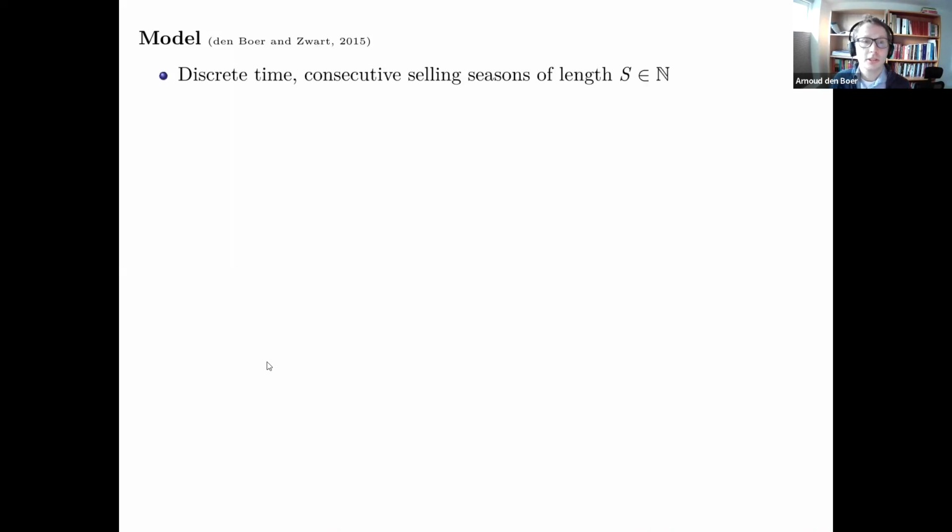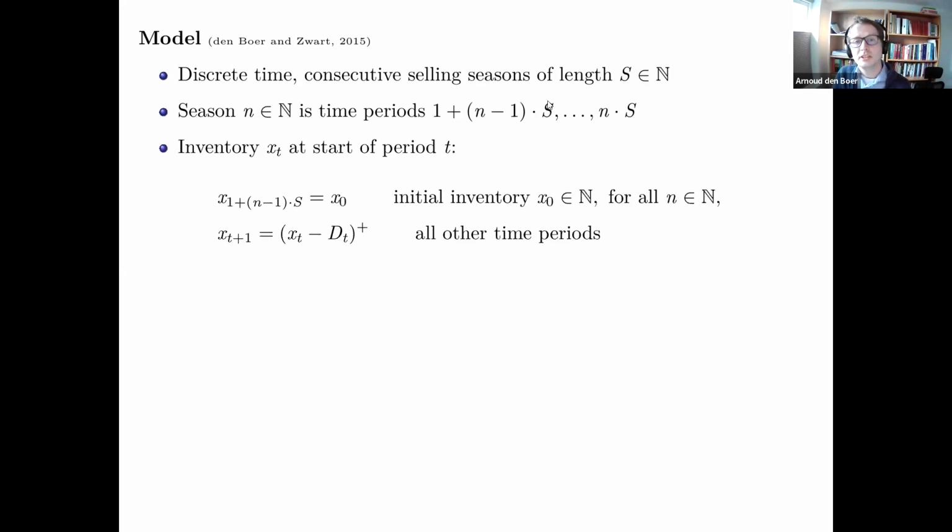Now, how does that work? In this case, we have a discrete time setting. We have seasons of length capital S, and they are consecutive. The initial inventory at the start of the season is some X naught, and the next inventory is the previous inventory minus the demand, positive part. d_t is the demand.